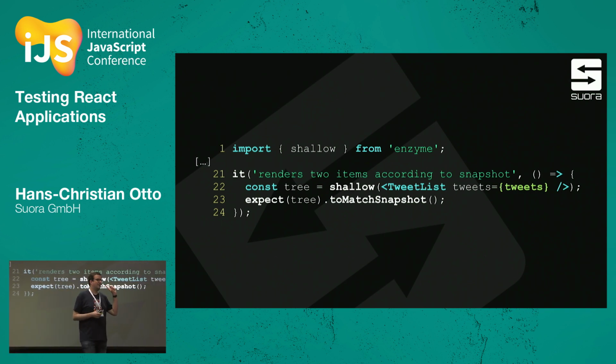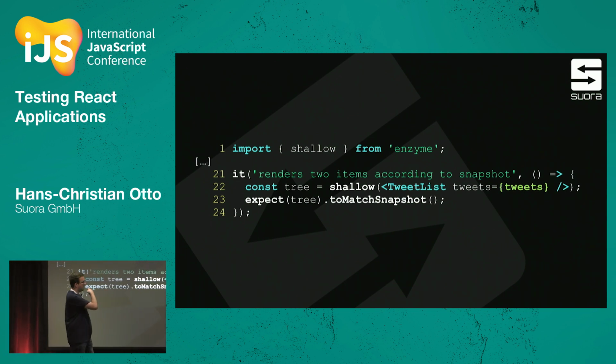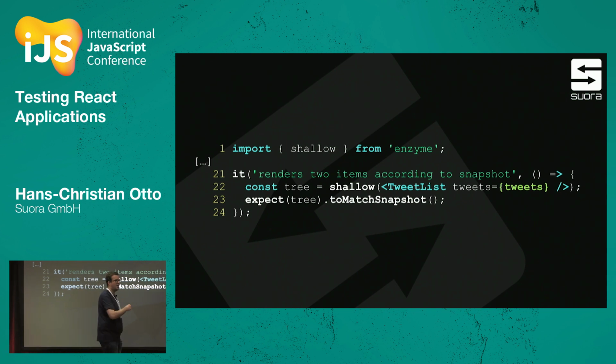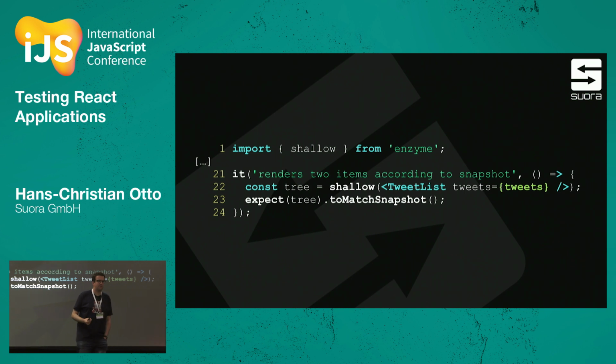The difference is, even though it is called render here, and I called it render in the slides before, it does not render within a real browser, but it renders in a Node.js environment that is very, very fast.